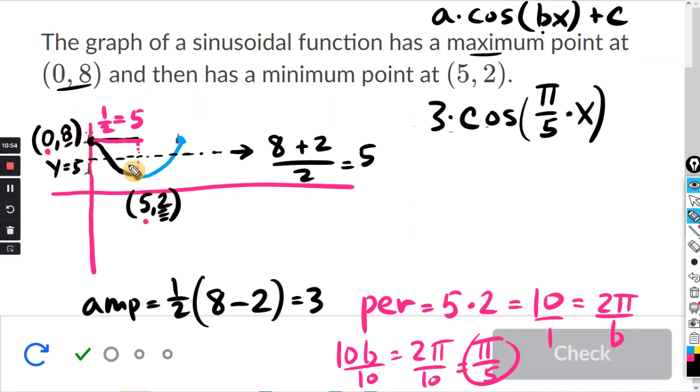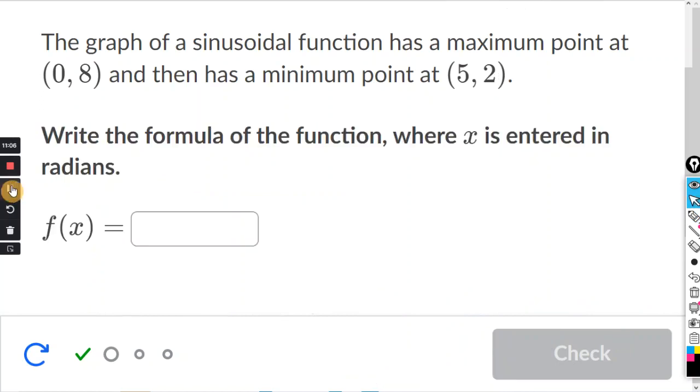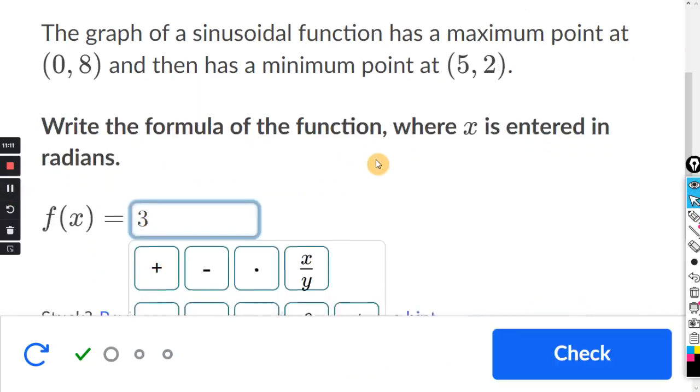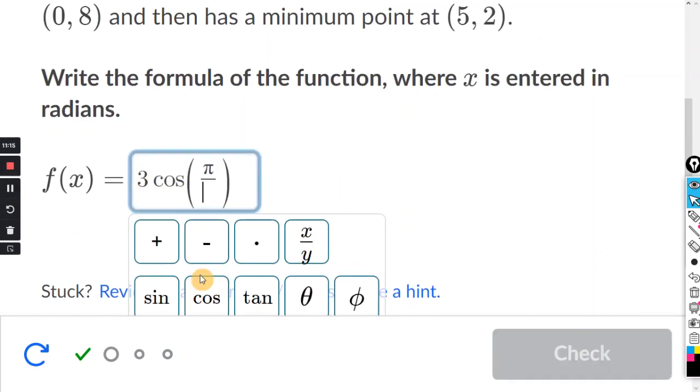That's exactly between 8 and 2. So the plus c is going to be a plus 5. And that's it. Okay, 3 cosine, parentheses, pi over 5x, outside parentheses, plus 5.